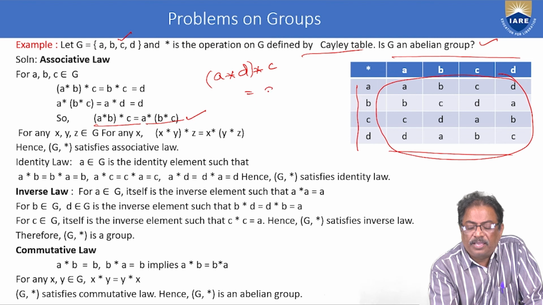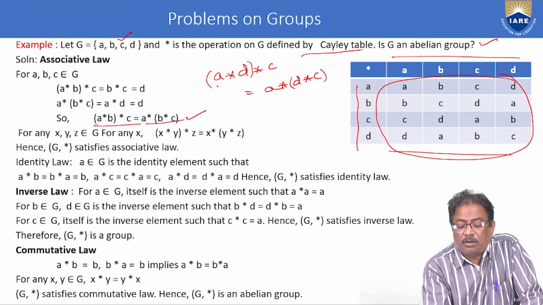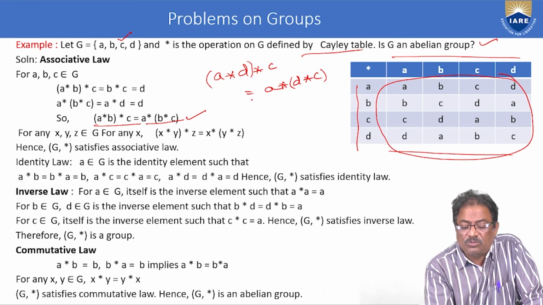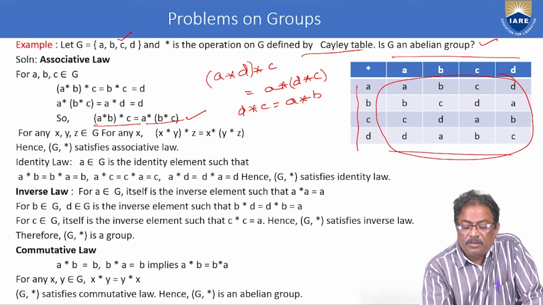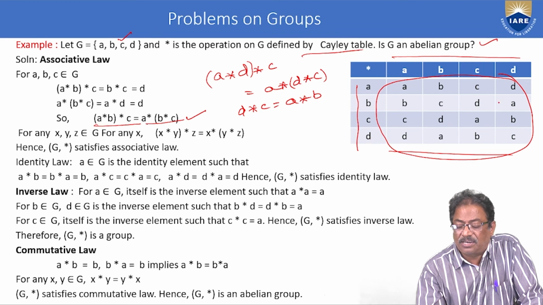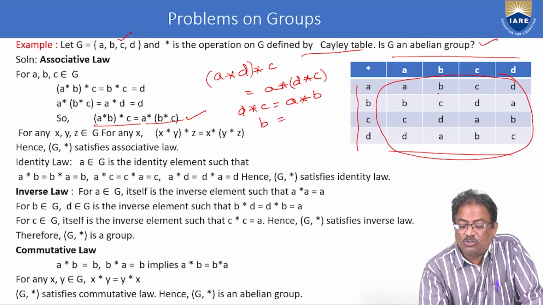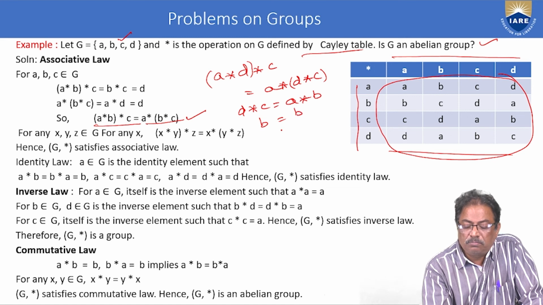So it is A star D star C. I am going to consider A star B. A star B is equal to D, and D star C is equal to B. Then A star B is equal to B. Both are the same.